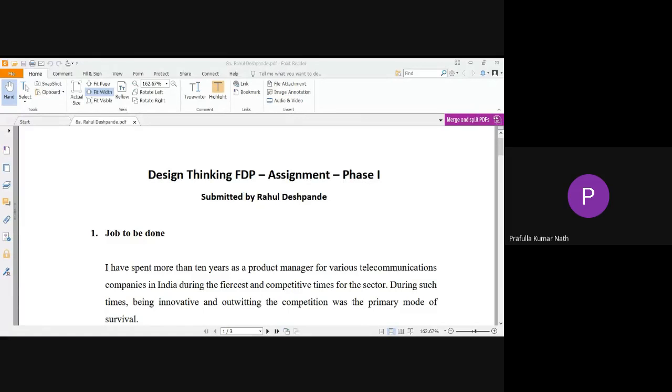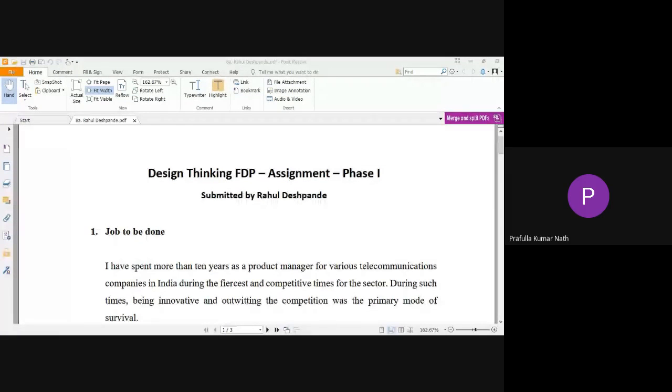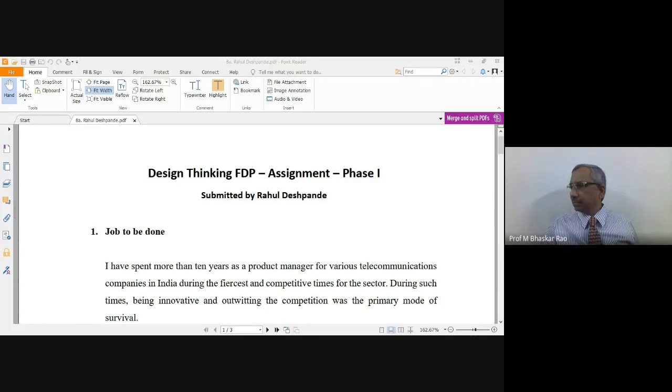Sir, the title of this project is that I am suggesting an online PGP program in management, looking through the design thinking lenses. It is a very timely thing, since during the pandemic, across the globe, even in India, many management institutions are running their courses online.